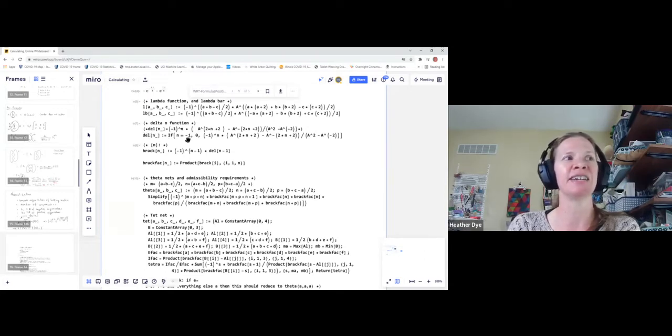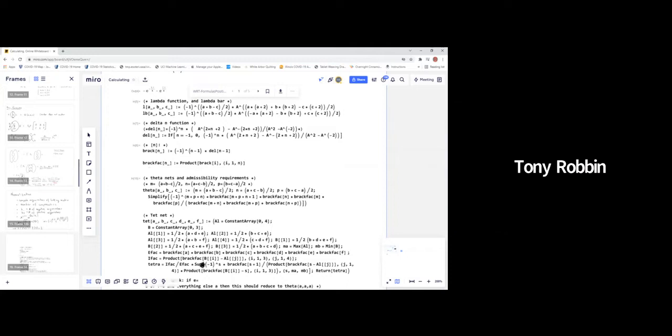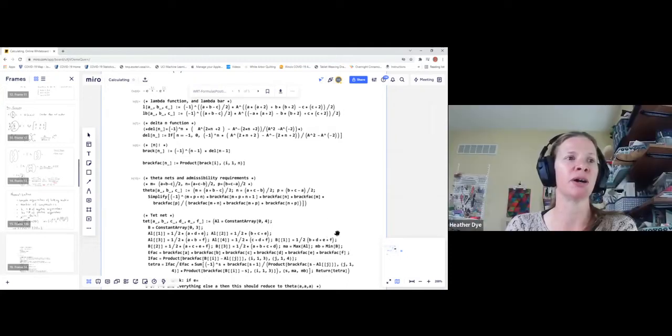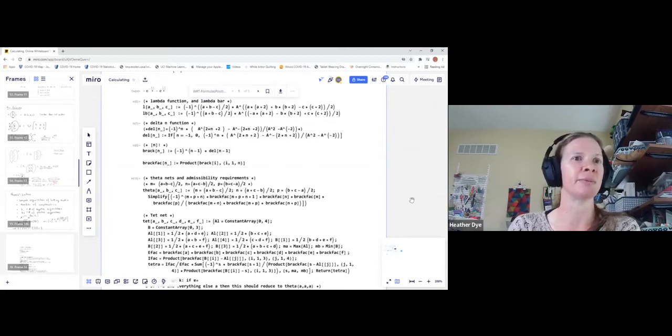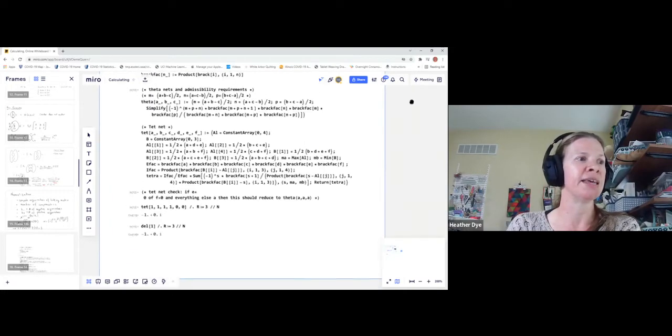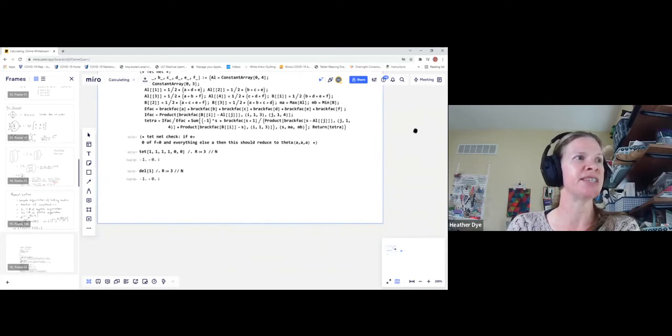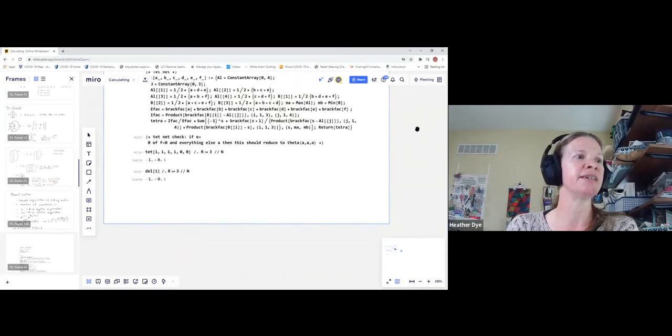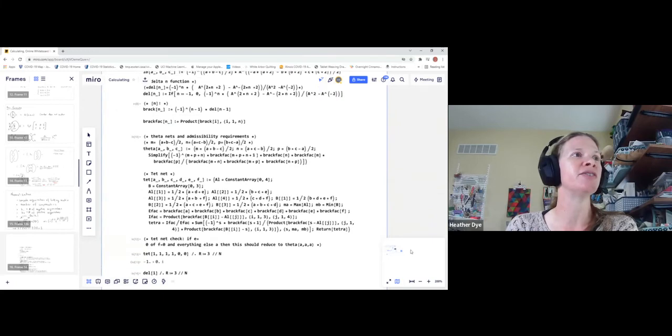Del is like delta n. And we have actual formulas for all of those tetrahedral functions and the theta functions that I was talking about. And then you set up the summand. I should be able to page through this.